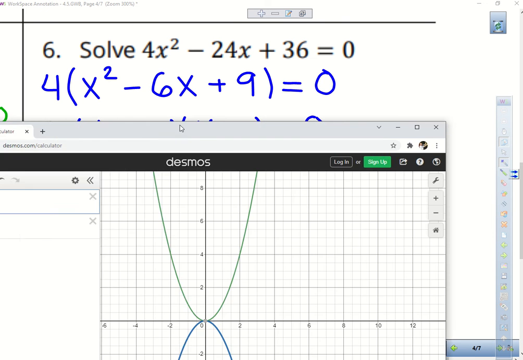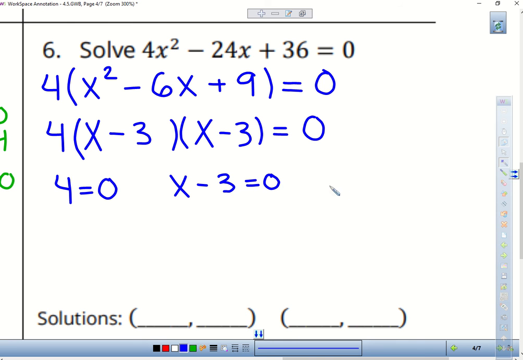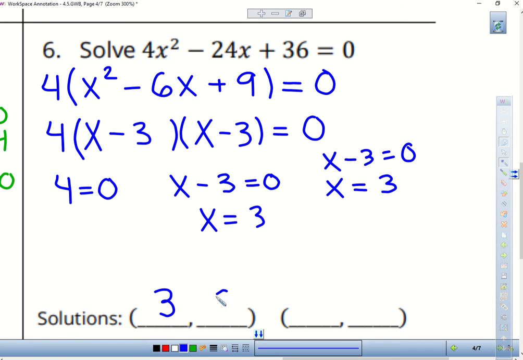Good. So you can probably start just looking and knowing the solutions at this point, right? So this comes out to be x equals 3 and x equals 3.